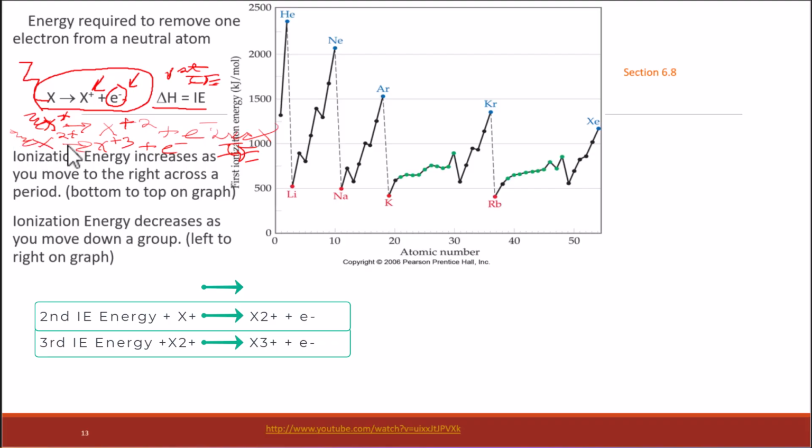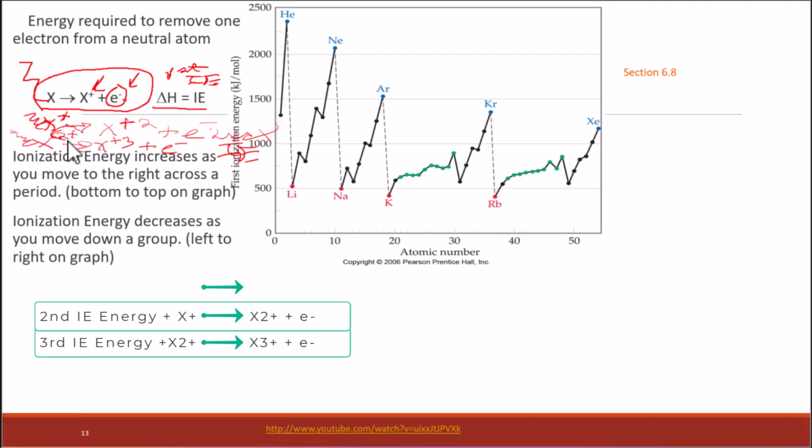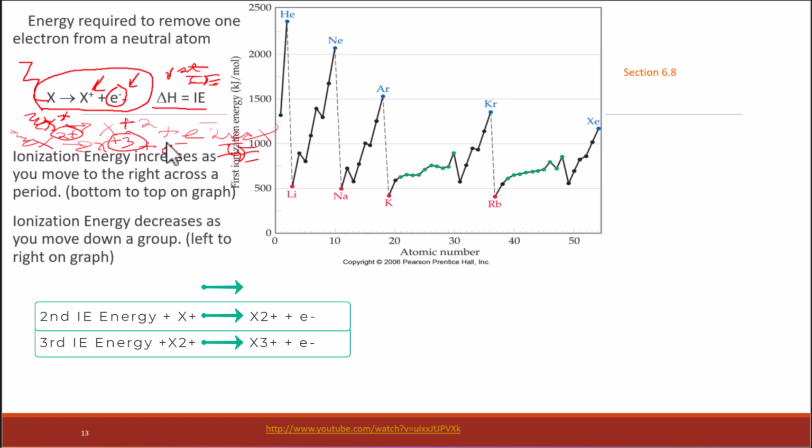The third ionization energy, you would start with a cation that had a +2 charge, hit it with even more energy, remove a third electron, which would give you a cation with a +3 charge and an electron on the product side. So ionization energy increases as you move to the right across the period.